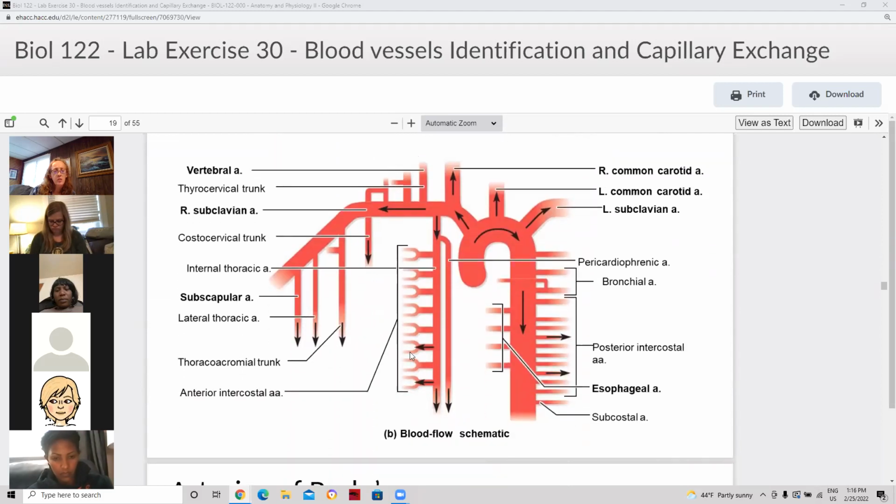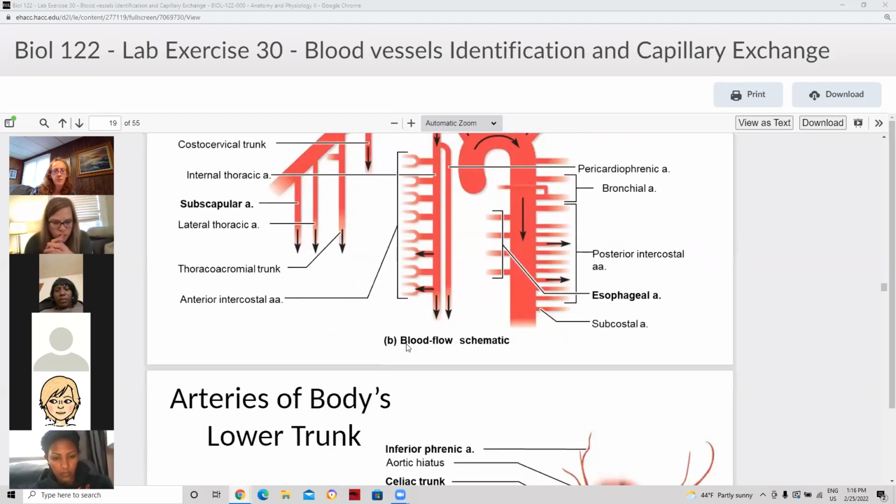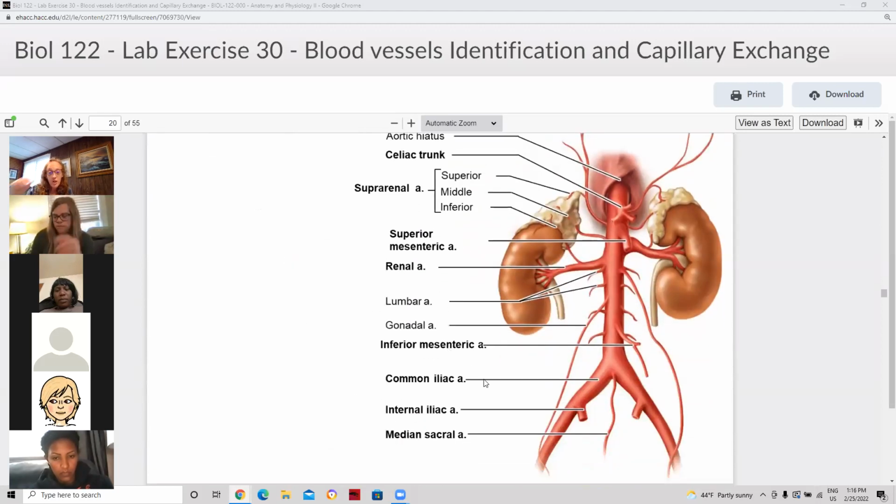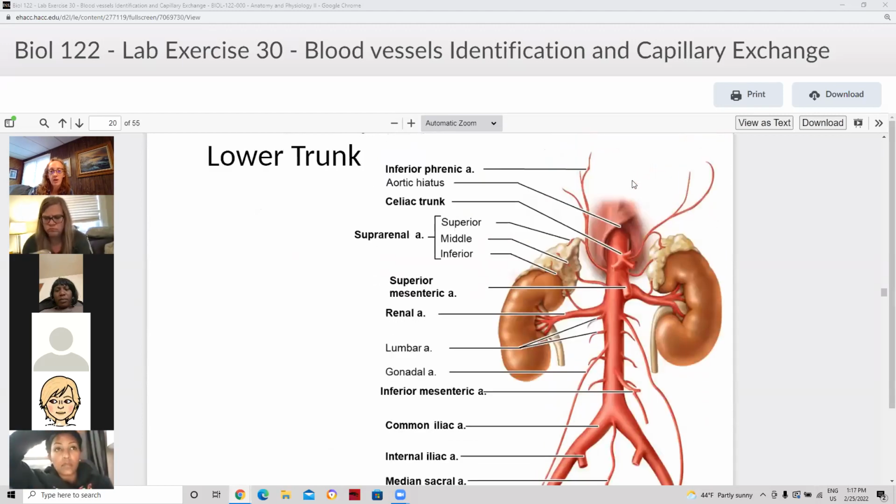Showing the branching network. What becomes what? So just the arteries of the abdominal area. Here's the diaphragm right here. Inferior phrenic artery.